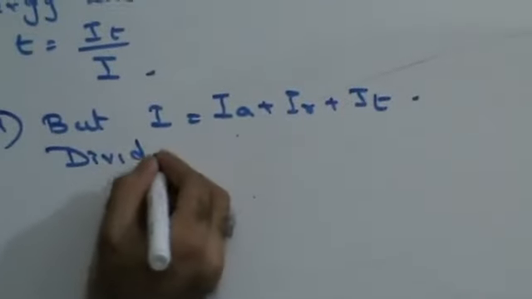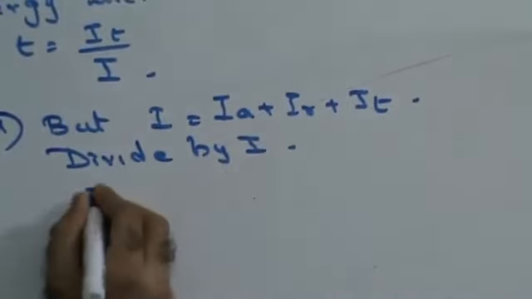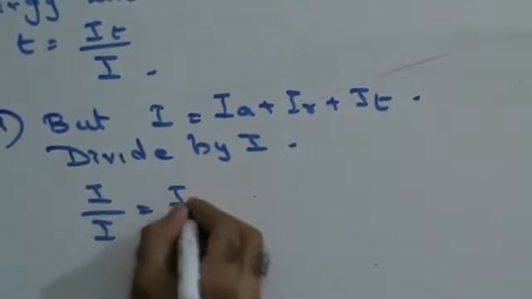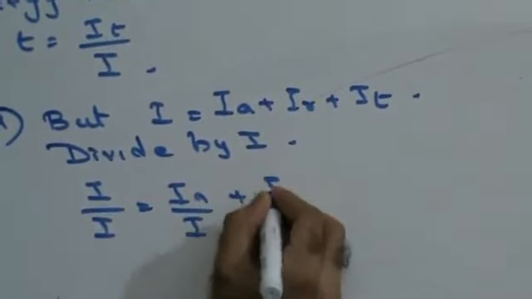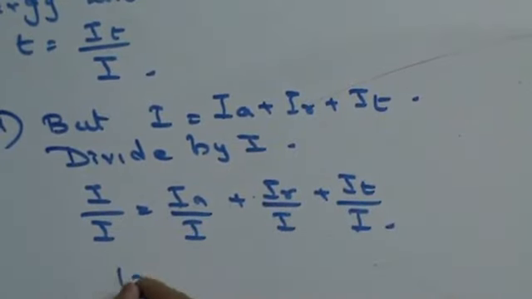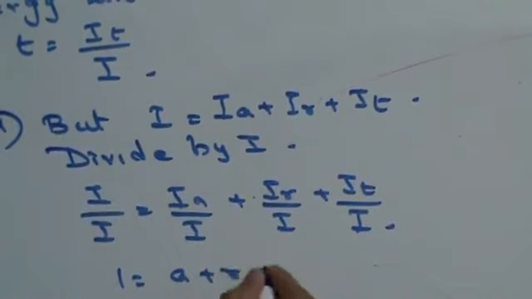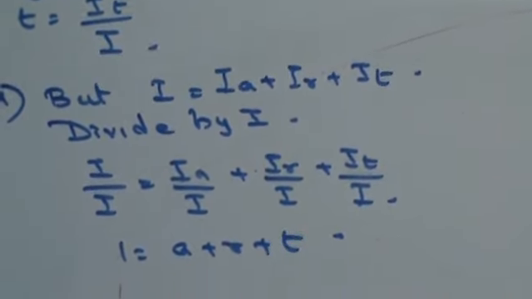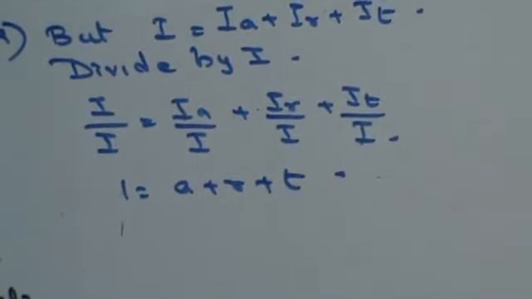Now, if I divide this equation by I, I get I upon I is equal to Ia upon I plus Ir upon I plus It upon I, which is 1 is equal to a plus r plus t. We just defined these coefficients, so you should have no problem. Thus, a plus r plus t is equal to 1. So coefficient of absorption plus coefficient of reflection plus coefficient of transmission is equal to 1.